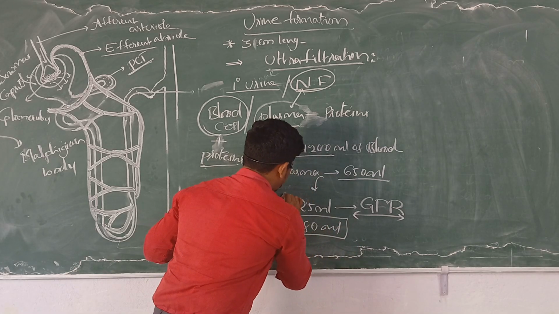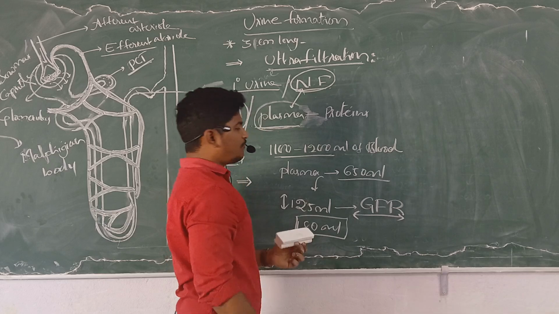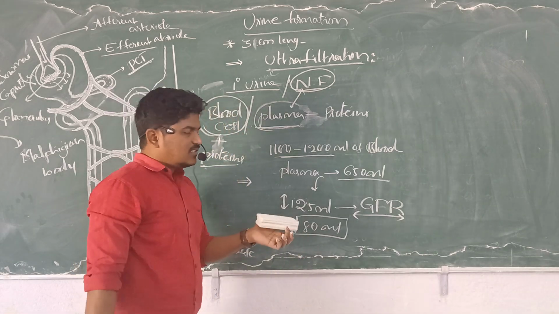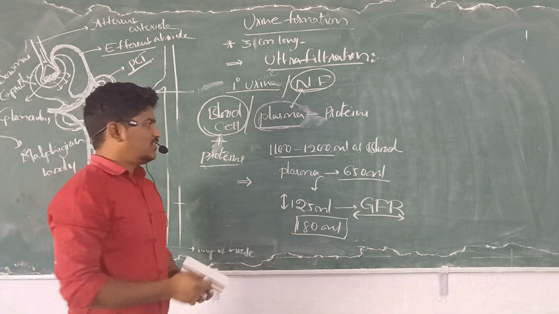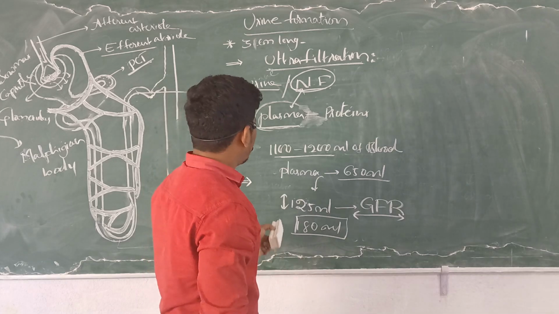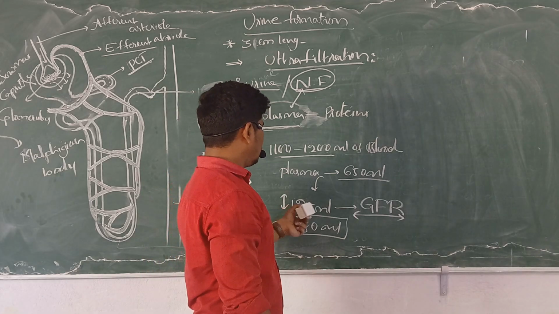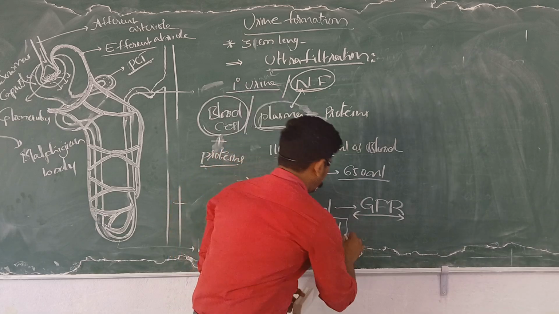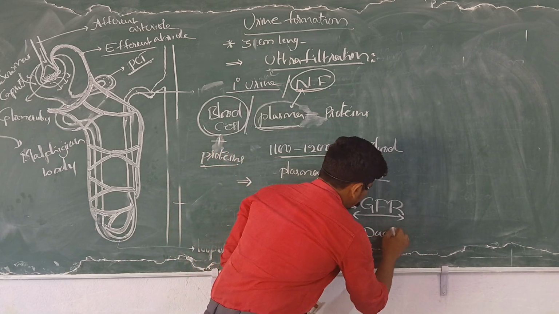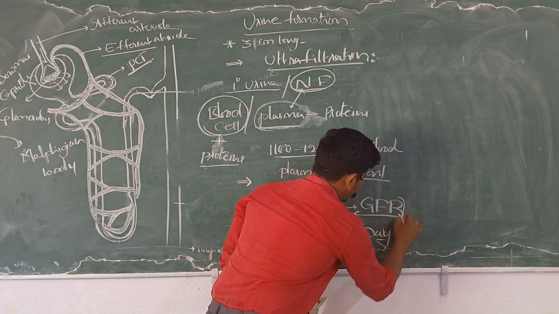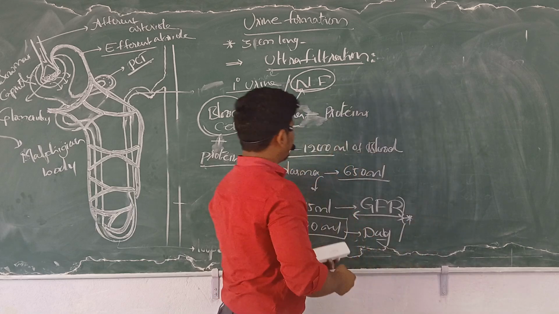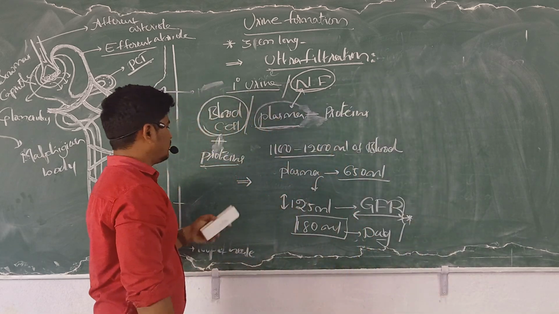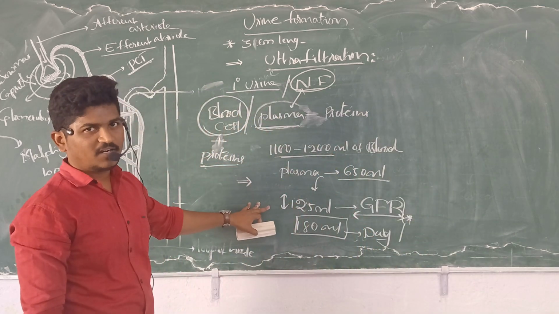This GFR should be constant, and the mechanism that maintains it we will discuss in the regulation of the kidney. So GFR is 125 ml per minute, 180 per day. Very important MCQs, both of these. That's all about the glomerular filtration.